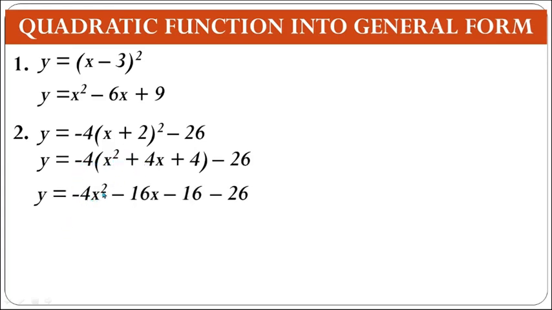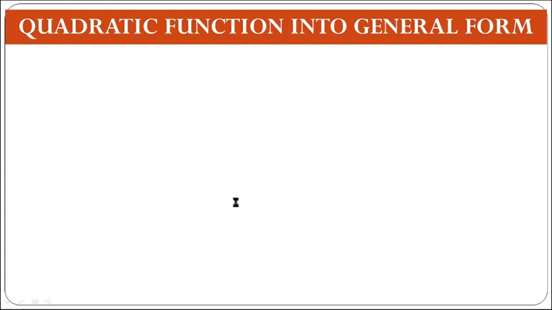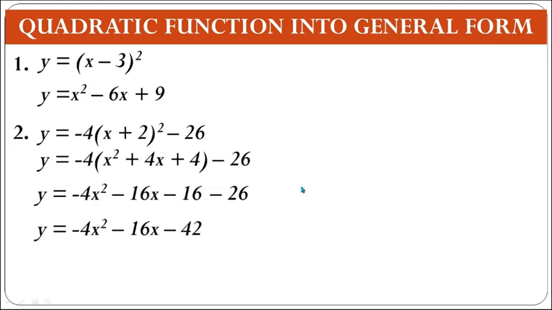Negative 4 times positive 4x is negative 16x. Negative 4 times positive 4 is negative 16. Then copy negative 26. Combine similar terms. They are both negative, so add and copy the sign. So this is our general form.